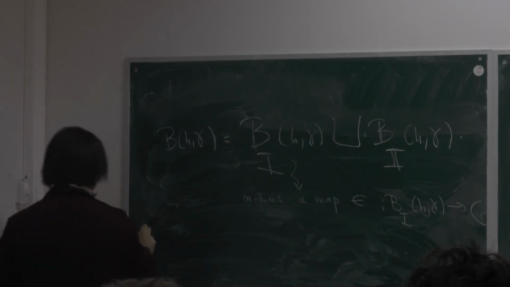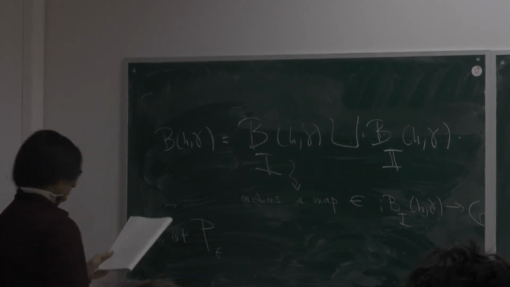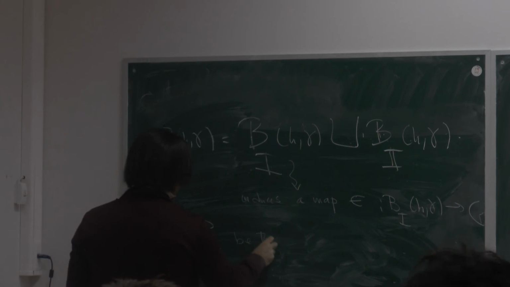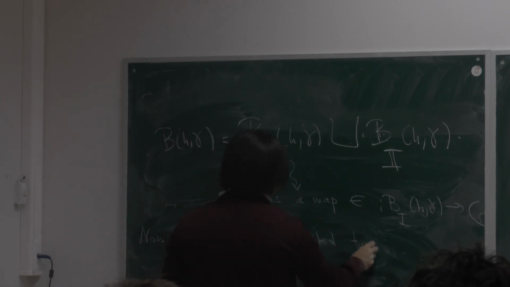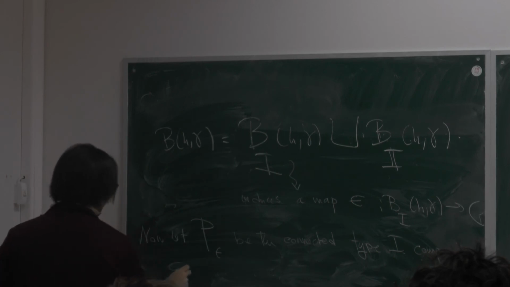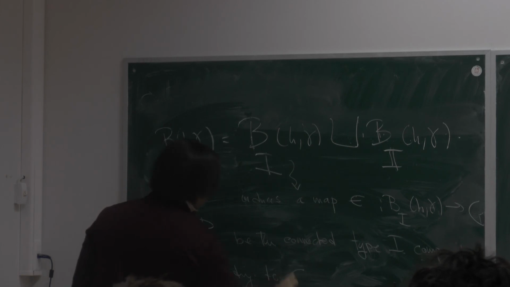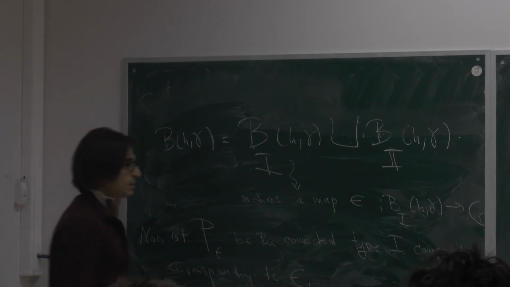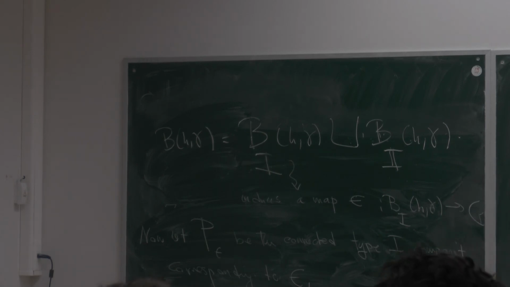So now let P of epsilon be the connected type 1 component corresponding to this map epsilon. I know exactly what the virtual cycle looks like. I know exactly over the different connected components of the moduli space what it looks like.